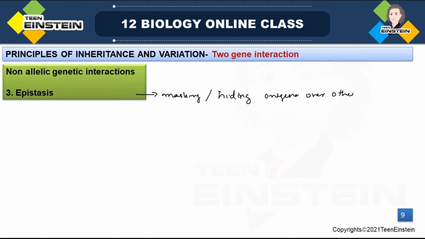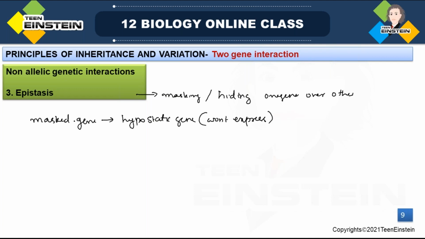Here, the gene whose effect is masked is called the hypostatic gene. This hypostatic gene's effect won't express.